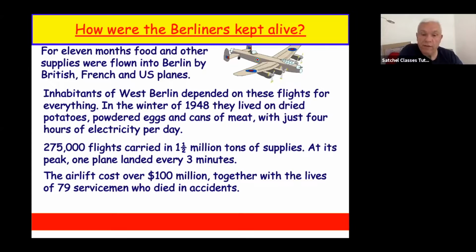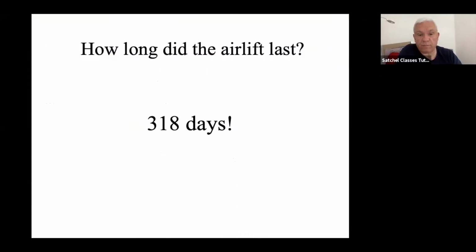But most of the others were seen as heroes of delivering. It went on for 318 days, so almost a year, 11 months, to supply Berlin. And of course, what happened at the end of it? They obviously gave in.